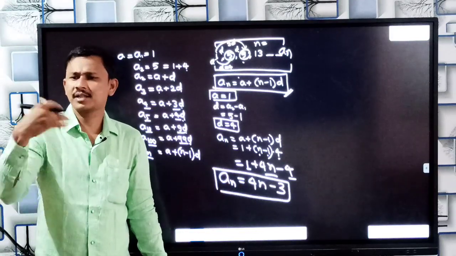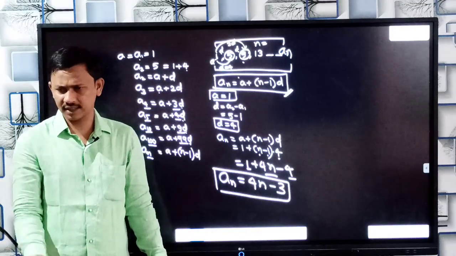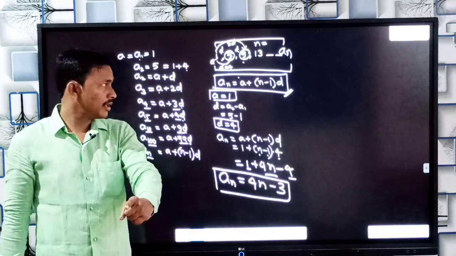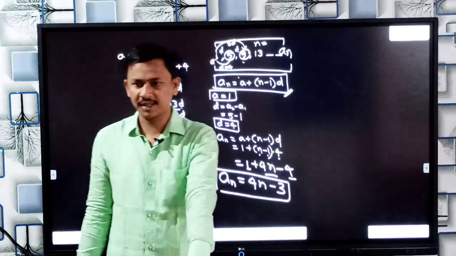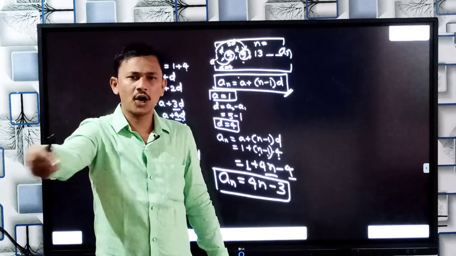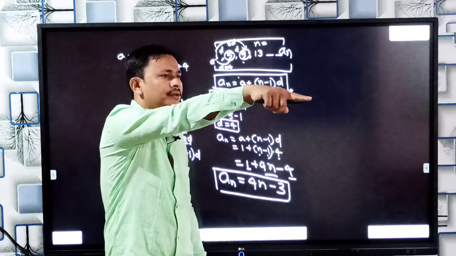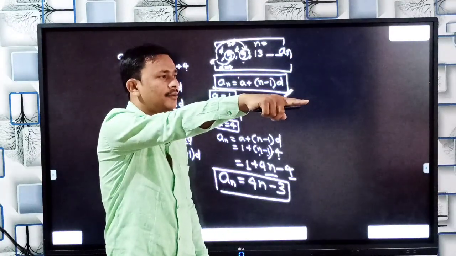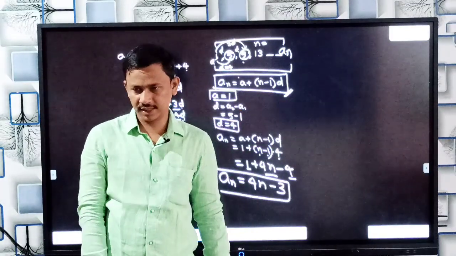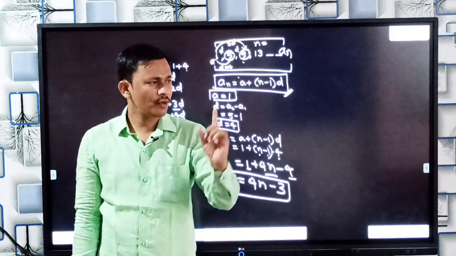What is the meaning? an is equal to 4n minus 3. If you want any last term, you need to have the n value. For example, if I give 1 rupee to this person, 5 to the next, 9, 13 and so on, what will be the amount with Srishti? Srishti hatra ಎಷ್ಟು ರೂಪಾಯಿ ಇರುತ್ತೆ ಅಂತ ಕೇಳ್ತೀನಿ ನಾನು. Example, Manjunath is having 1 rupee.